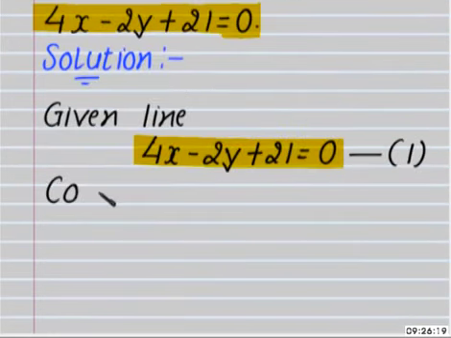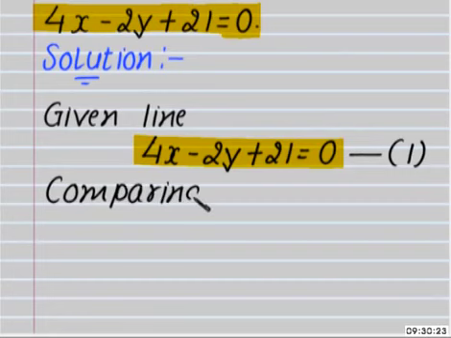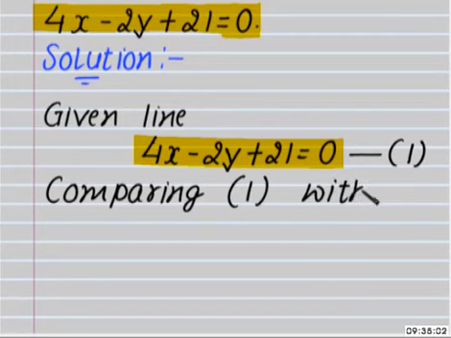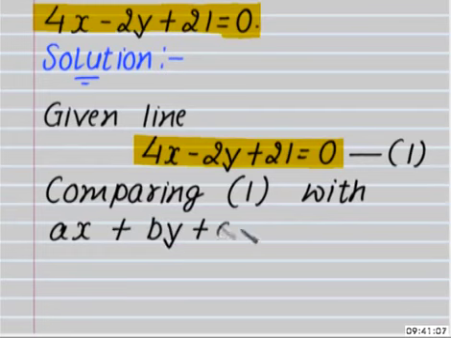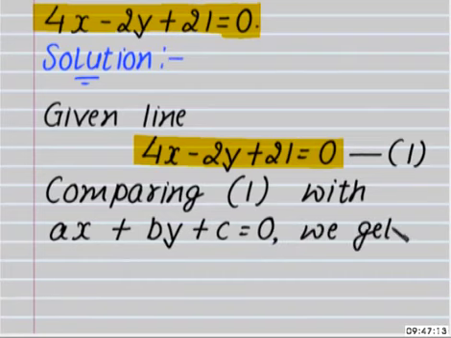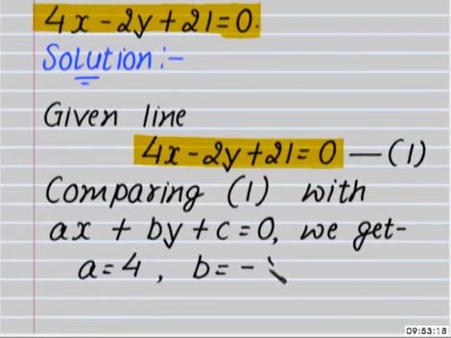Now comparing equation number 1 with the general equation ax plus by plus c equal to 0, we get a is equal to 4, b is equal to minus 2 and c is equal to 21.